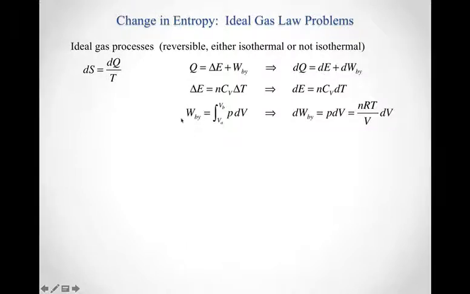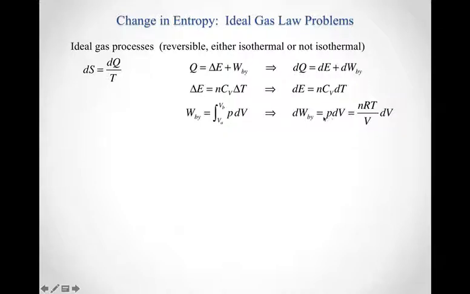Work, well, the work done by our system was defined to be the integral from some initial volume to some final volume of P dV. And to get dW, all we need to do is basically undo the integral on both sides of this equation. My differential element of work done by the ideal gas is equal to the pressure of the ideal gas times some differential change in the volume element.